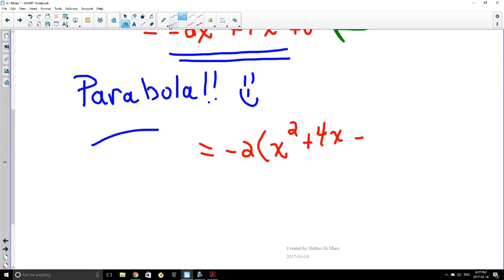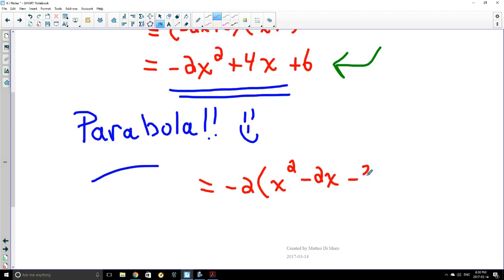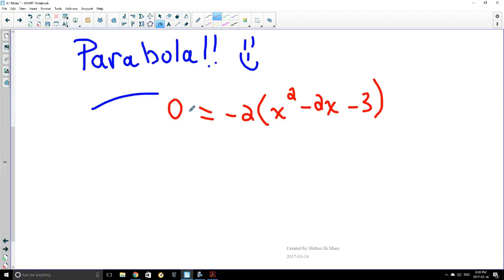Let me try again. So if I pull out the -2, I'm just going to do this all again. There we go. So I'm going to get x squared, I'm going to get -2x, I'm going to get subtract 3. And I should really have this equal to 0. Okay, if you don't do that on the exam, you're going to lose like half a mark there.